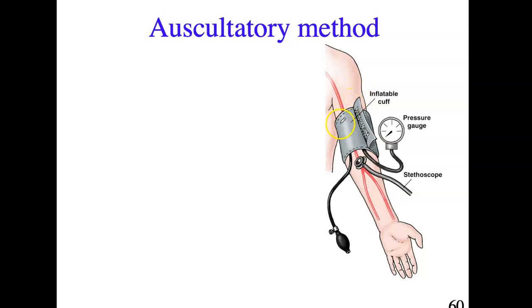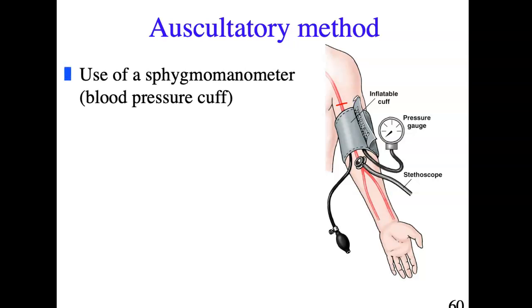And what you'd want to do is get a cuff and close off the passage of that blood. So the question is, close it off completely? Yeah, close it off completely. And if you were to listen downstream from that, you're not going to hear anything because there is no flow coming through that artery.